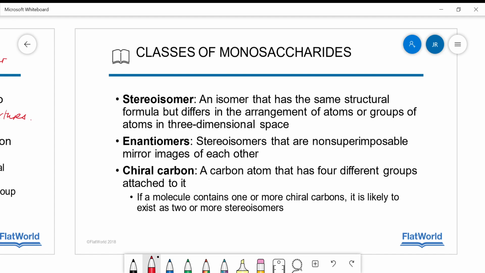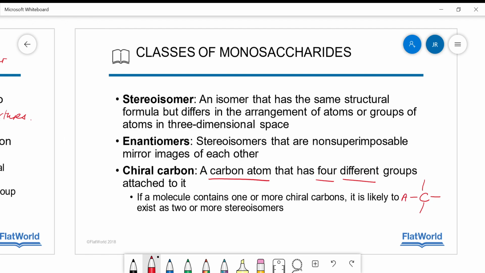So a chiral carbon in this course is going to be a carbon atom that has 4 different groups. What does that look like? Well, essentially it's carbon. We know carbon likes to form 4 single bonds. So let's say it's got 4 different groups.